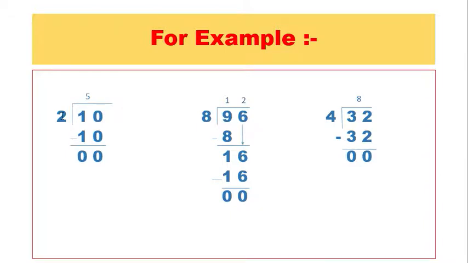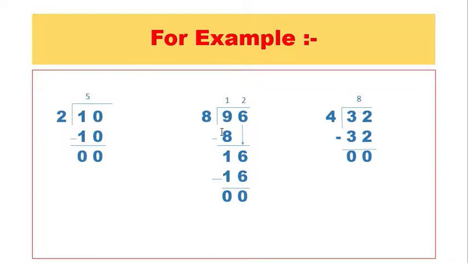Yes, we can. 2 multiplied by 5 is 10. 2 5s are 10. Write it here, 10. Now subtract. 0 minus 0 is 0. 1 minus 1 is 0.